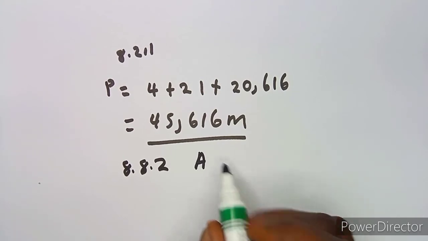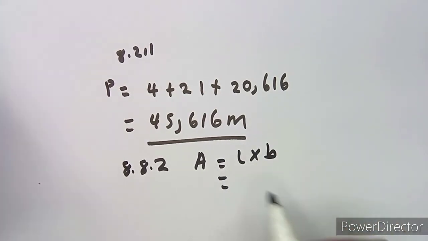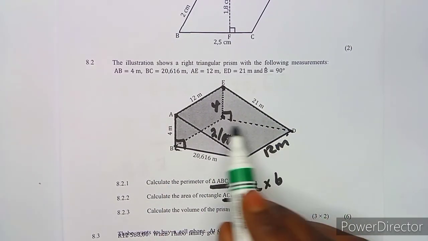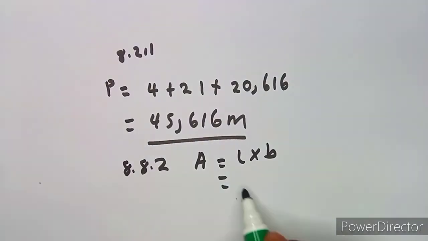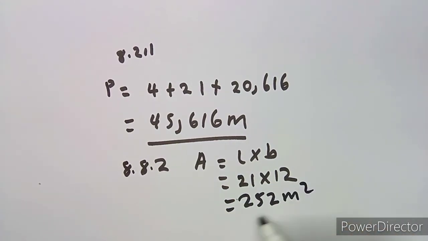So for the area, it is going to be length times breadth. For this ACDE, it is 12 times 21, so the length 21 times 12 in this case. You simply multiply. As you can see, it's a matter of applying the formula, and this will be there in your formula sheet also, which gives 252 square meters.